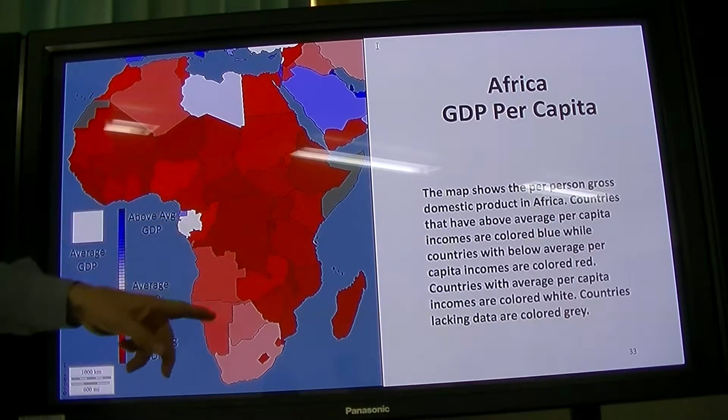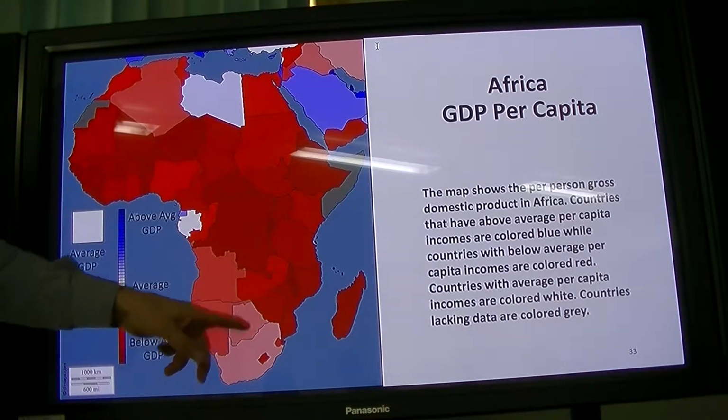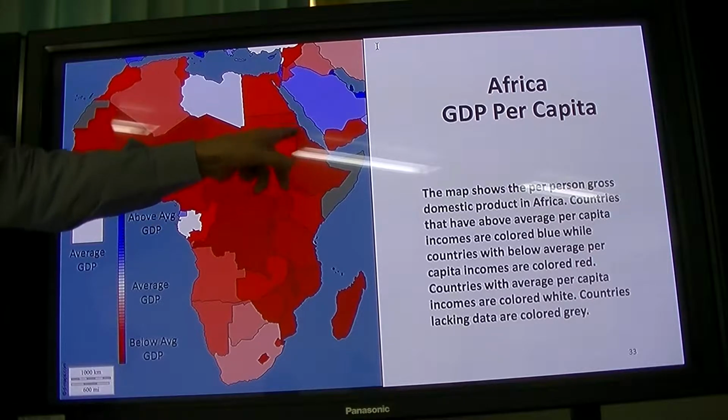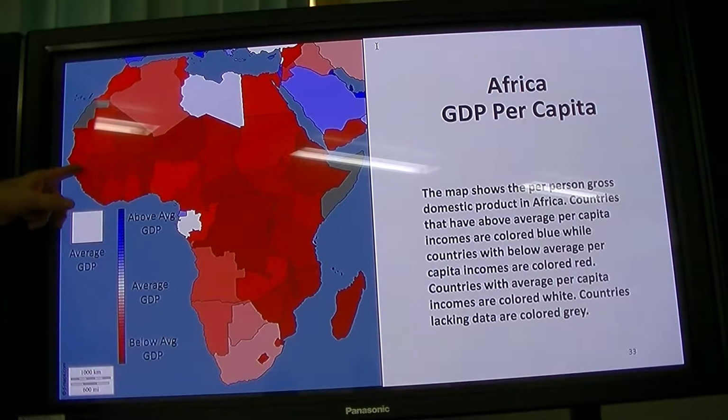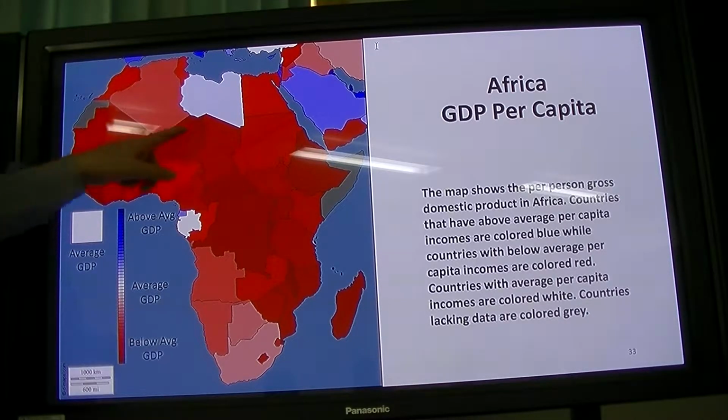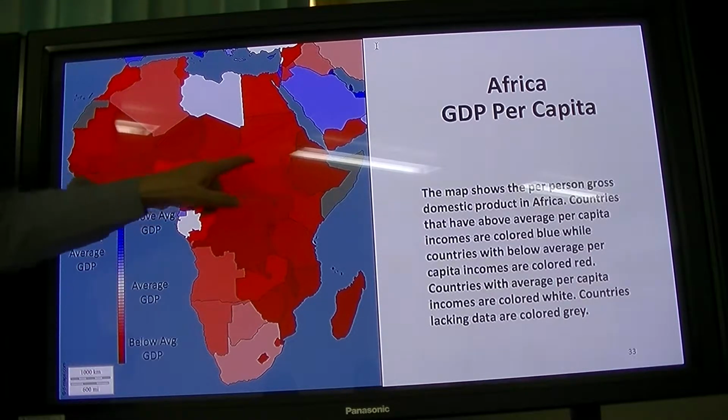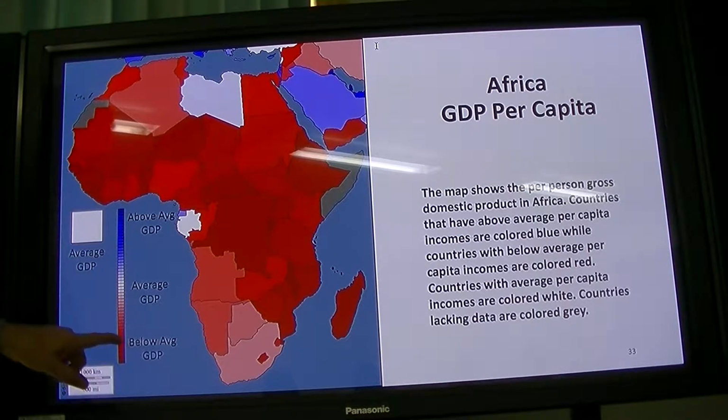Here's Burundi, there's Malawi, Ethiopia, Eritrea, Niger, Mali, Burkina Faso, Guinea-Bissau. A lot of these countries are really dark red. Some of the poorest countries in the world.